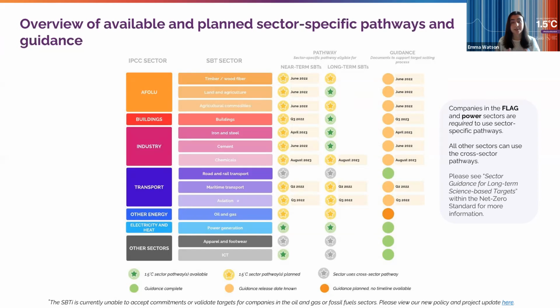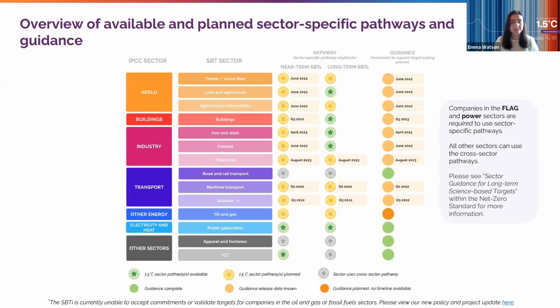All other sectors have the option of either using their specific sector pathways or using the cross-sector pathway. The cross-sector pathway I mentioned earlier is a universal, global pathway that all companies can use, apart from those in forest, land and agriculture and the power sector.